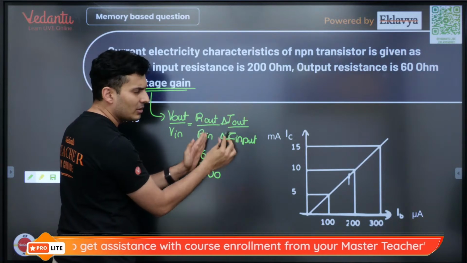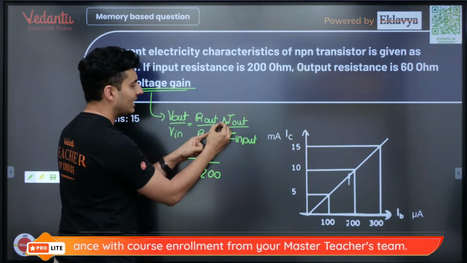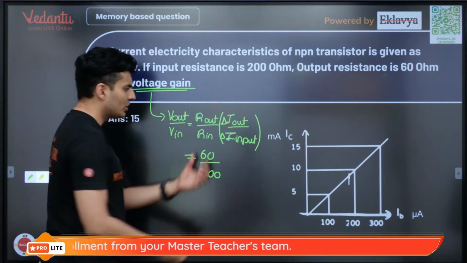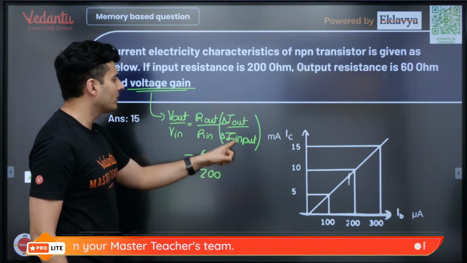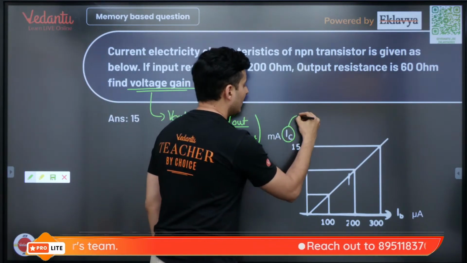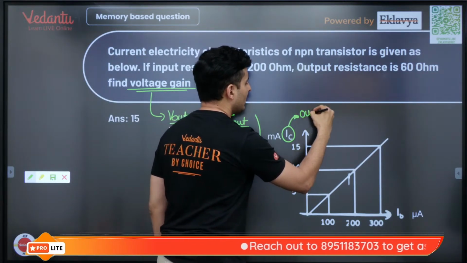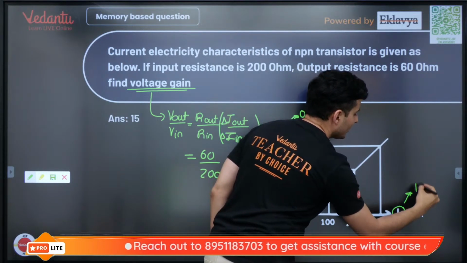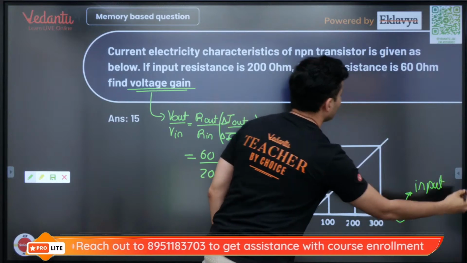So actually it is not input by output or output by input, it is delta of the output upon delta of the input. That is one thing you should remember. For an NPN transistor, the collector current is basically your output and the base current, which is very small, is basically your input. So it's a standard thing.